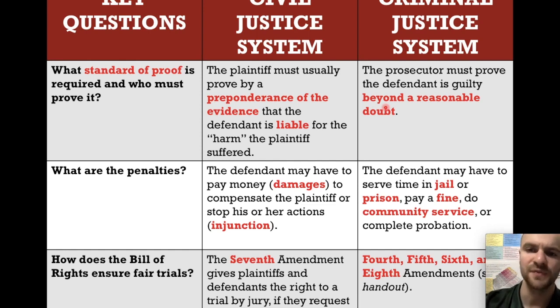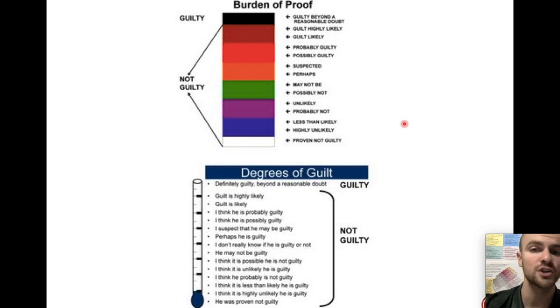Beyond a reasonable doubt. I think this illustration really helps you wrap your head around what beyond a reasonable doubt actually means. If it is highly unlikely that a defendant is guilty, then the jury must find that defendant not guilty. If it is unlikely that the defendant is guilty, then the jury should find that defendant not guilty.